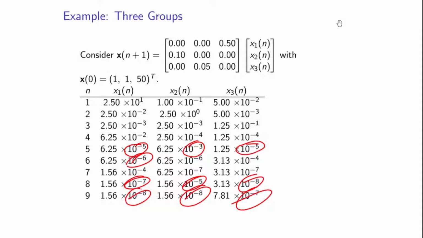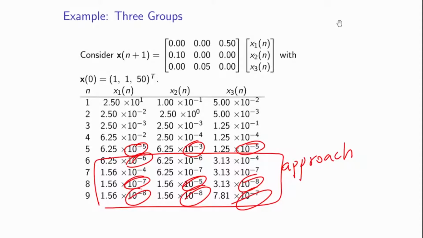The fact that it is 10 to a negative exponent denotes that these quantities are all going to 0. They all approach 0. Okay, so they are shrinking.